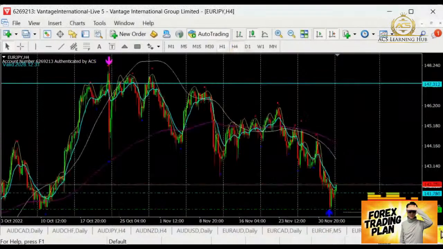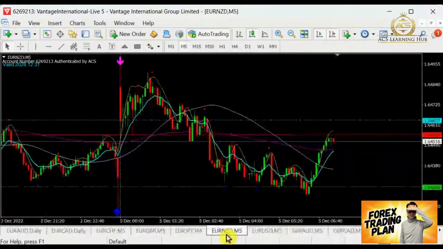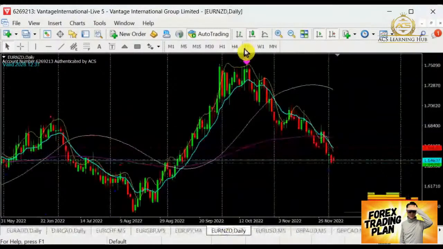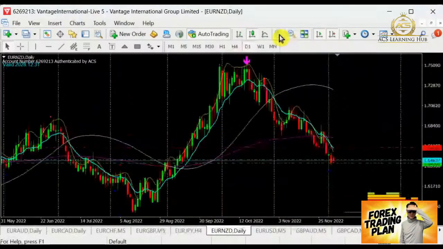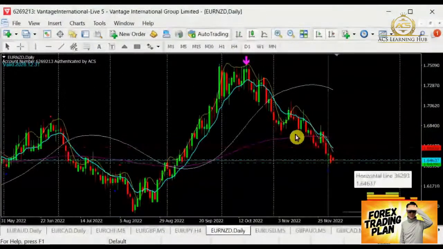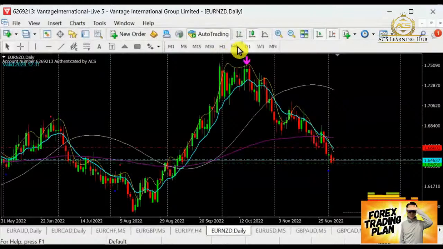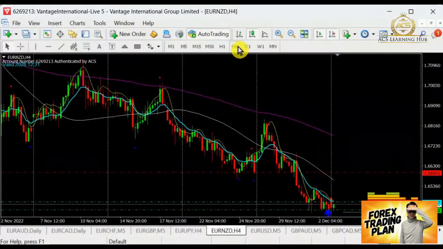Okay, and Euro Kiwi. Let's take a look at Euro Kiwi. As we can see, we are also in the bear. The bear started long ago and has been running for about 2 months, and today we are still coming back for selling. Selling wise, we are looking out for a resistance. I need a resistance to get involved for the selling. But today it seems like a retracement day.